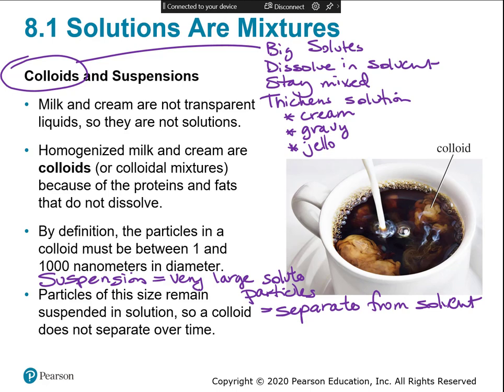Can you think of an example of something that was described as being a suspension? Italian dressing? Yeah. Those great big huge herb particles, that's a suspension. You shake it up, and if it sits, they all settle out because they're so large. They don't dissolve. The Italian herb dressing does not stay mixed, so it ends up forming a heterogeneous mixture.